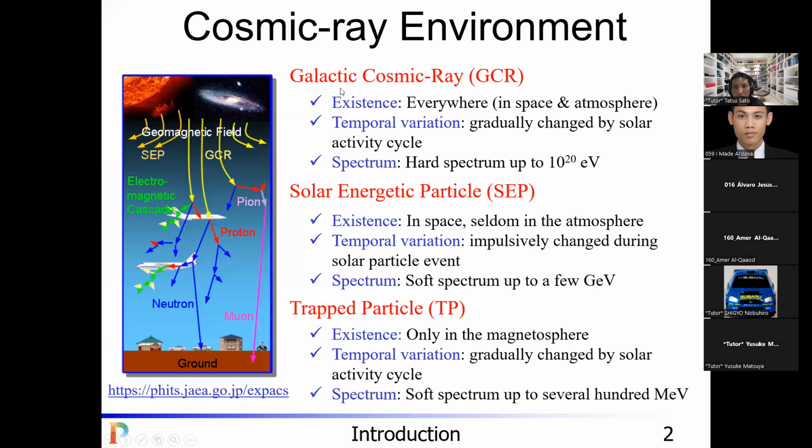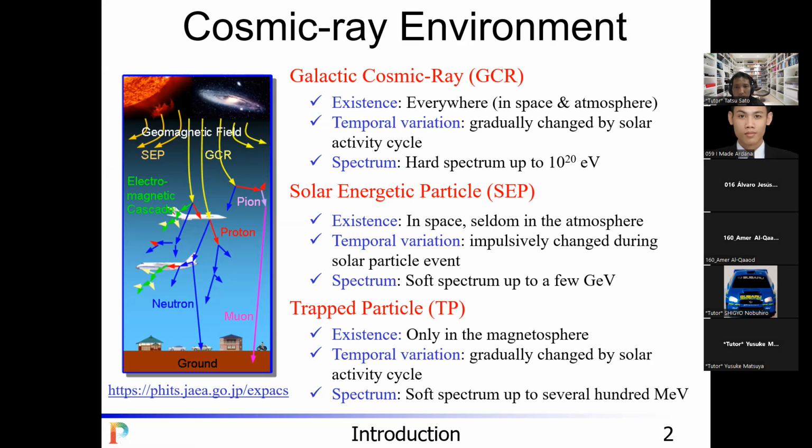I think most of you know there are three types of cosmic rays. One is the GCR, galactic cosmic ray, another is solar energetic particle, so-called SEP, and the third is trapped particles. Galactic cosmic rays exist everywhere in space and the atmosphere, and their temporal variation changes gradually with the solar activity cycle, generally the 11-year cycle.